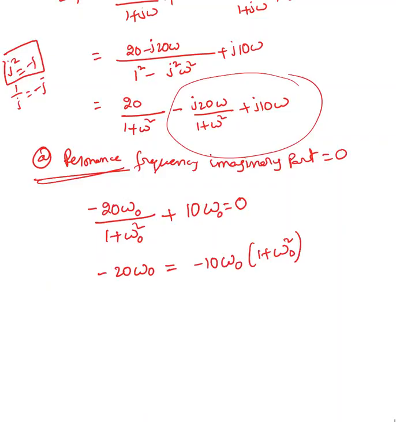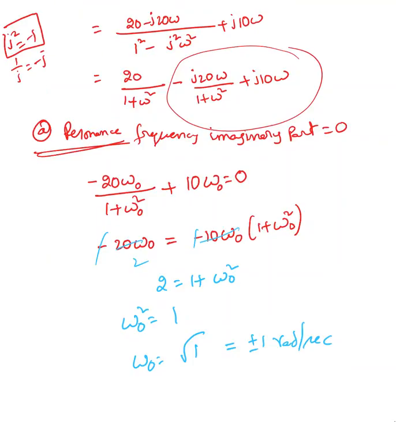Minus gets canceled, and 20 omega naught and 10 omega naught cancel, so we'll end up with 2 equal to 1 plus omega naught square. So omega naught square equal to 1, omega naught equal to square root of 1, which is going to be plus or minus 1 radian per second.